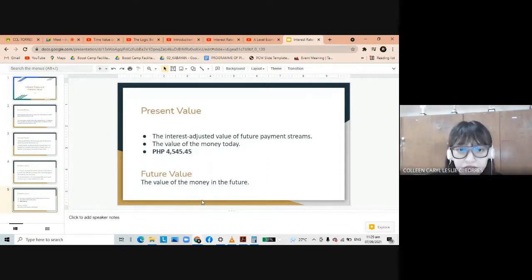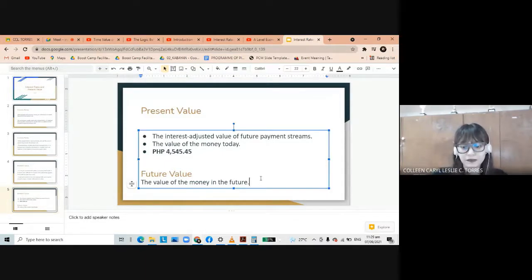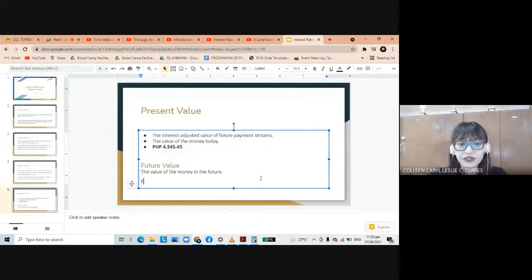And so the future value, on the other hand, as what we had learned, is the value of the money in the future. Using the formula that was shared earlier for the future value, the formula is the money payment multiplied by 1 plus r to the power of n.